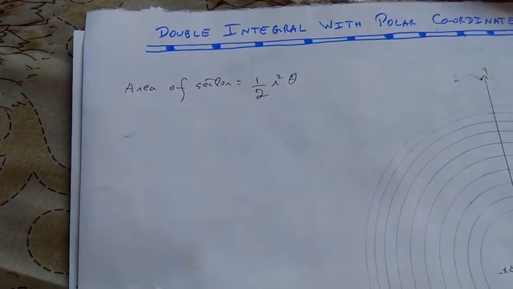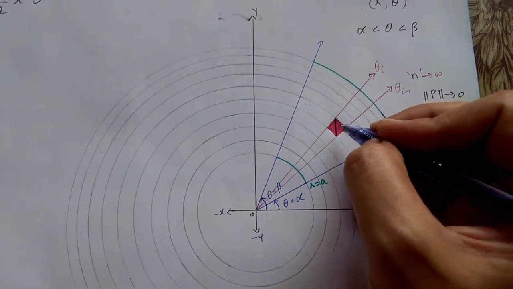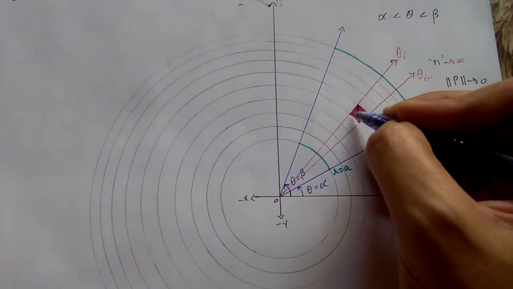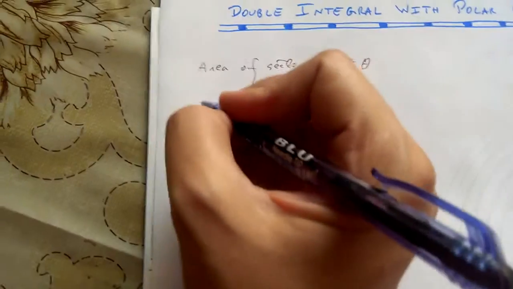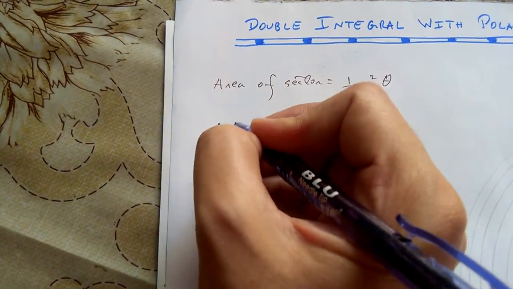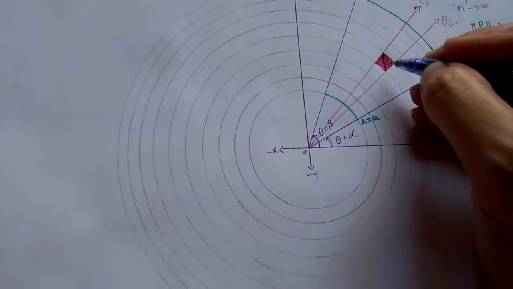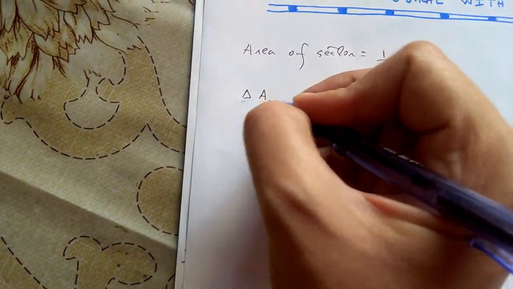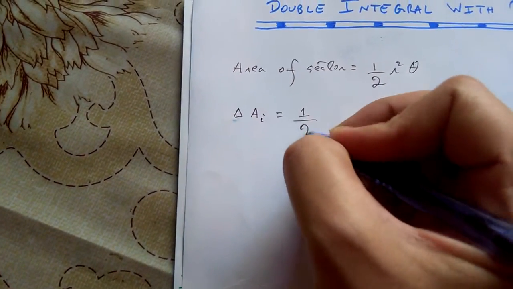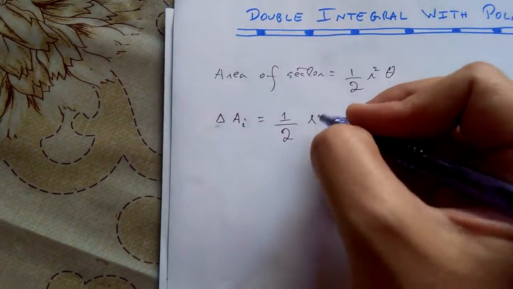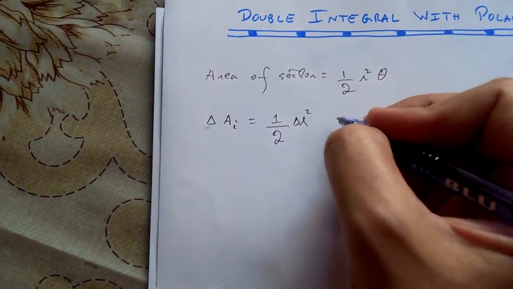Let us assume this thing is quite small. The area of this red portion is represented by del A, and as it is the ith strip, we call it del A i. It is equal to half r i squared into del theta i.